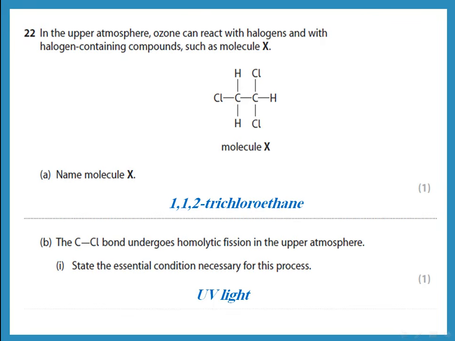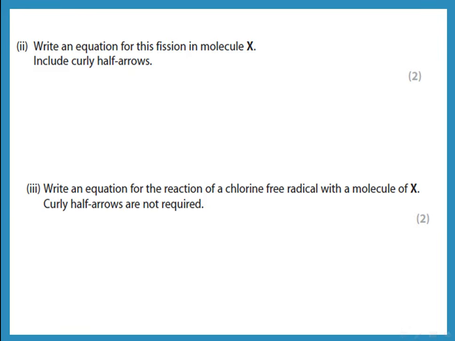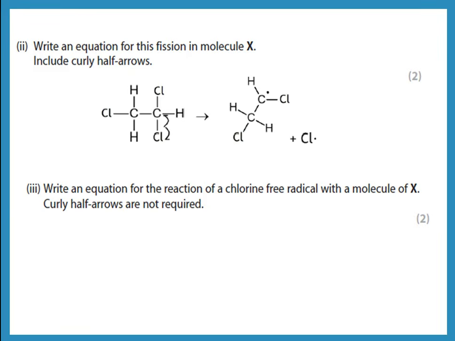He wants to break one of the carbon-chlorine bonds in molecule X. So how does that break? We said it's homolytic. Homolytic means the bond between the carbon and chlorine breaks and gives 1 electron each to the atoms on both sides. So I give 1 electron to the carbon, 1 electron to the chlorine. So I end up with a free radical on the chloroalkane plus a chlorine radical.